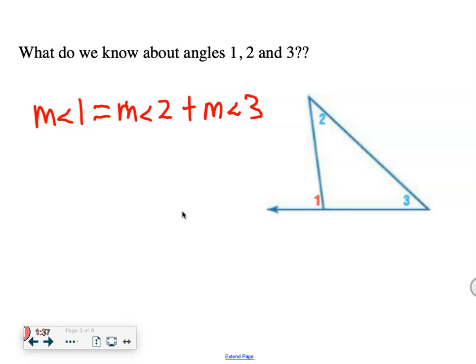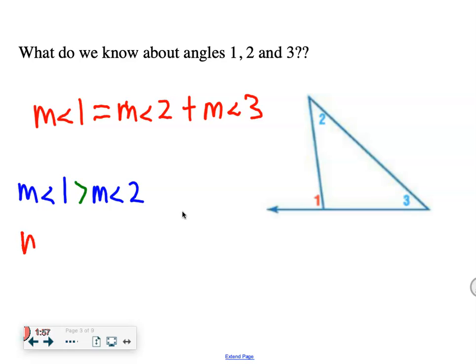What do I for sure know if I were just comparing the measure of angle 1 and the measure of angle 2? Doesn't 1 have to be bigger than 2, since 2 is part of 1? So that's one thing that's true.